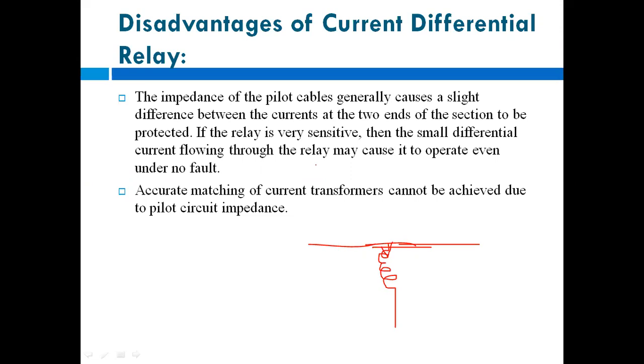If there is a small change in the current, your relay will start operating immediately. So that is one of the drawbacks, or we can say the disadvantages, of the current differential relay.